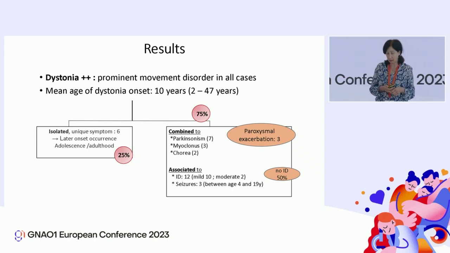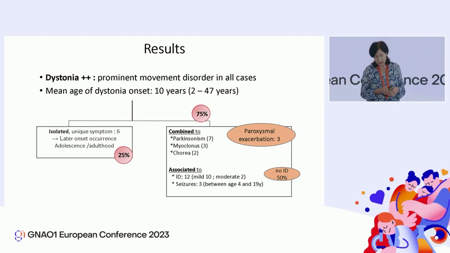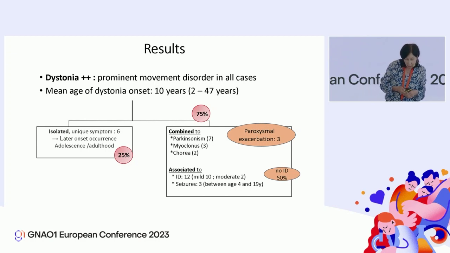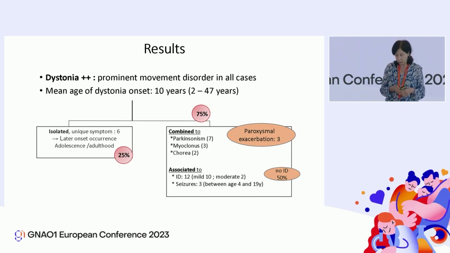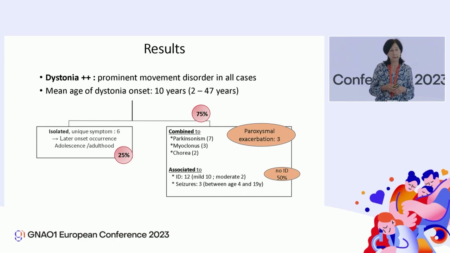Only 3 patients presented paroxysmal exacerbation. Dystonia was associated with intellectual disability in 12, mild in 10 and moderate in 2. So no cognitive impairment in 50%. Seizure only in 3 patients in the cohort.